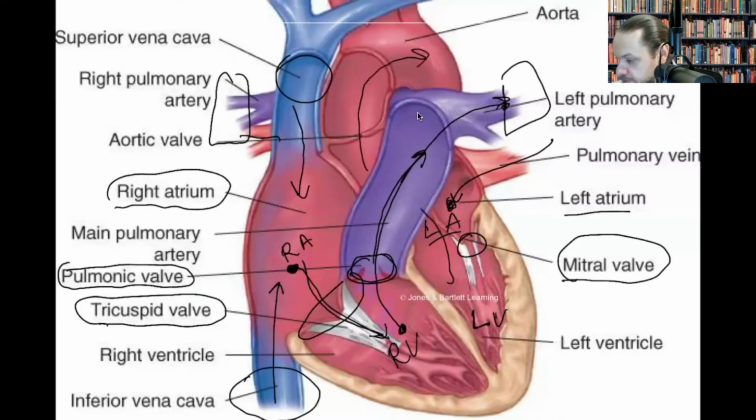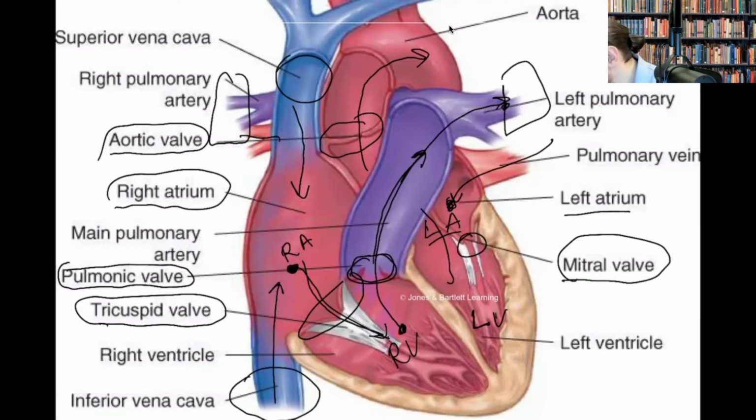This is your major artery, which is the aorta. And for it to do so, it has to pass through this big valve called the aortic valve. And then this blood is moved to the entire body, to all your organs, to your muscles, to the head, to essentially provide nutrients and the circulation component of it.